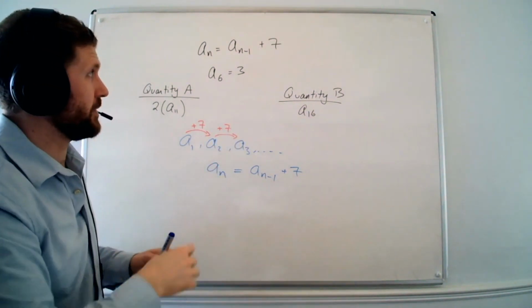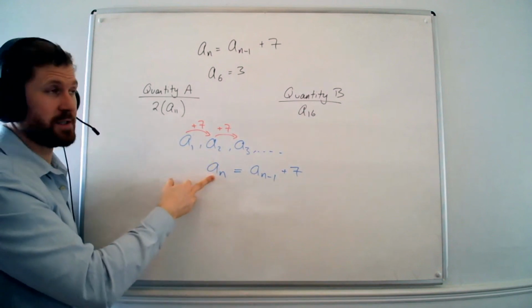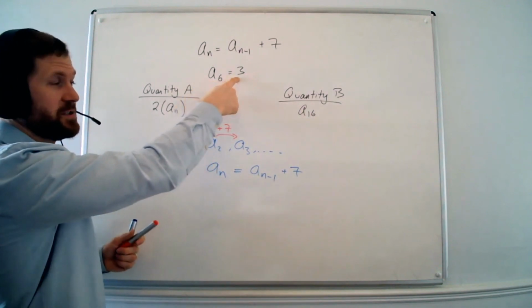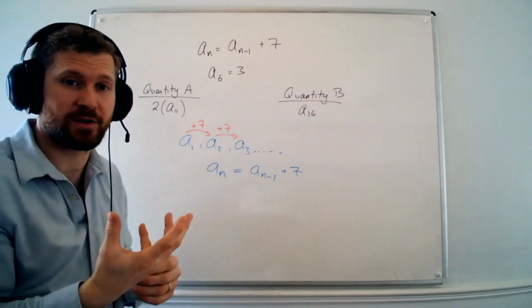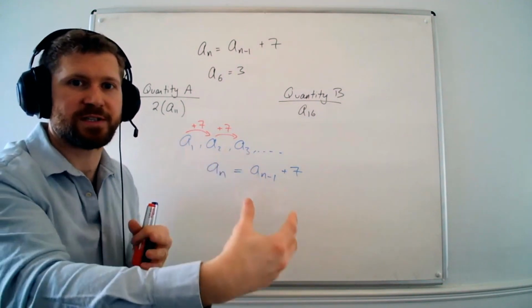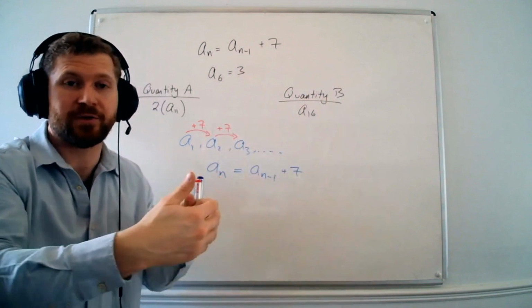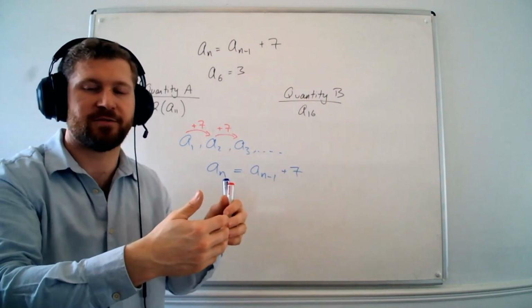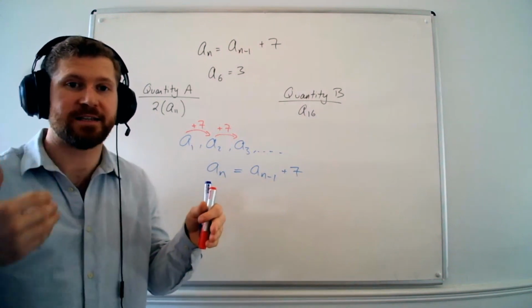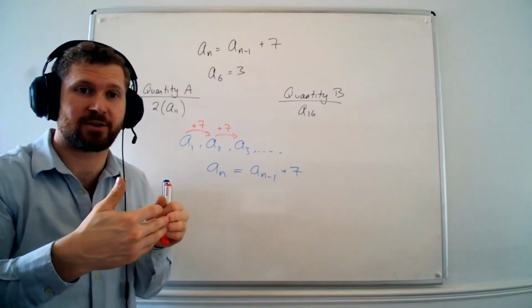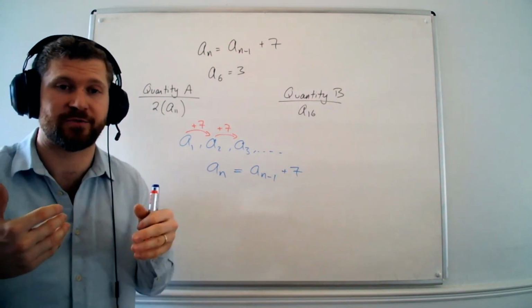Okay. Now in the question, yes, we're given this formula as the setup. We're also told A6 equals 3. So I know what the sixth term is. So I could figure out the seventh term by adding 7. I could figure out the eighth term by adding 7 to that. If I wanted, I could work back down the sequence. I could figure out the fifth term by taking 7 away from A6. Then I could figure out the fourth term by taking 7 away from that.